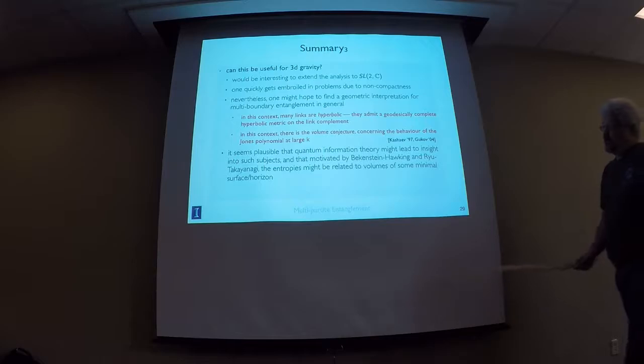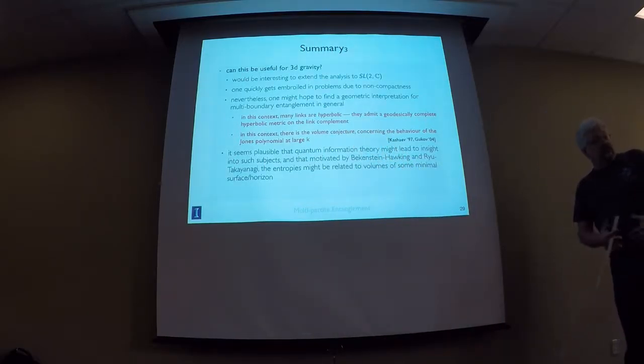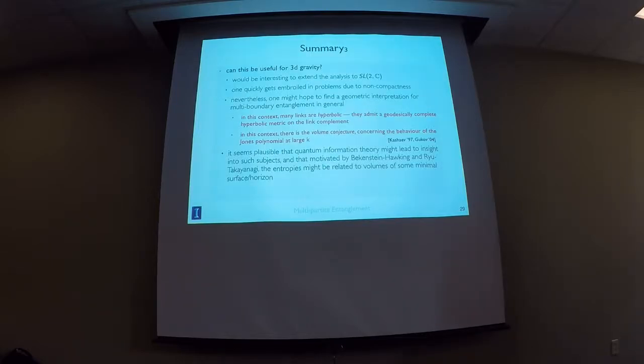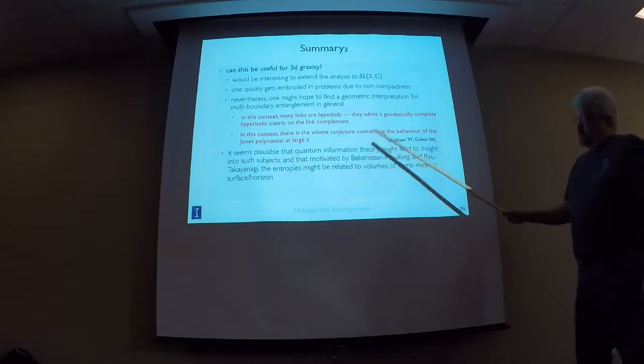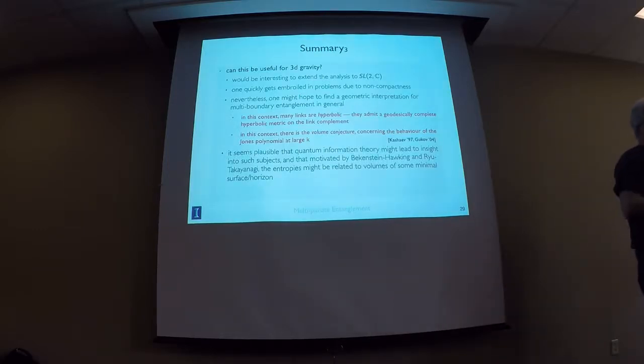And in that context, there's a volume conjecture that talks about how the Jones polynomial, one of these link invariants, grows as you go to the semi-classical limit of large K. Again, I think we're playing around with this, but the hope is that you can make some contact with those sorts of ideas.